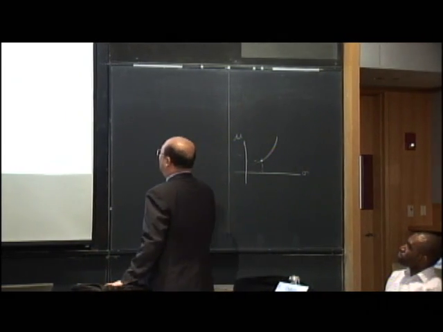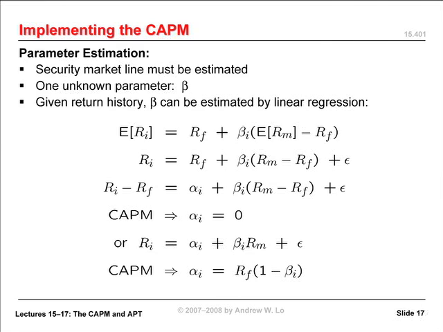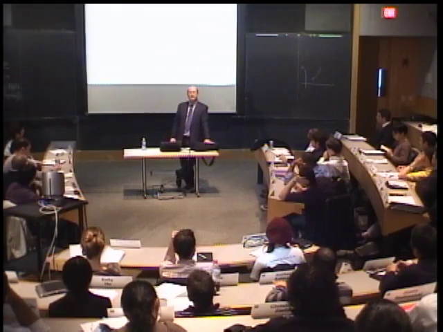Okay, so this is the CAPM relationship using actual data. And if we stick in an alpha term to represent deviations from the CAPM, and I subtract the risk-free rate from both sides just to have everything in excess returns, then the CAPM reduces to the hypothesis that the alpha across all stocks, all managers, all projects, the alpha is equal to 0.